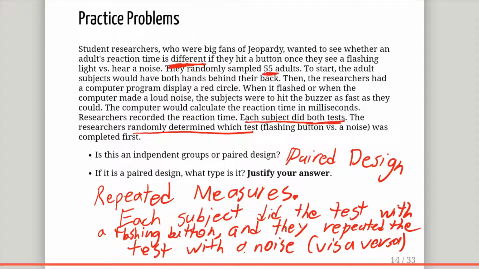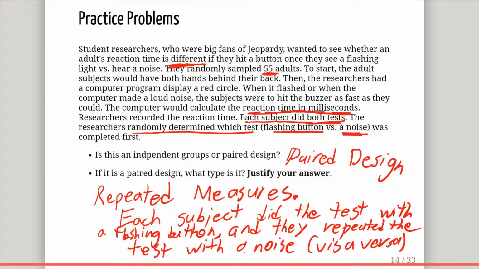So there'll be 55 pairs in the repeated measures design. The two groups were a flashing button and hearing a noise. And then we're going to record the reaction time in milliseconds.